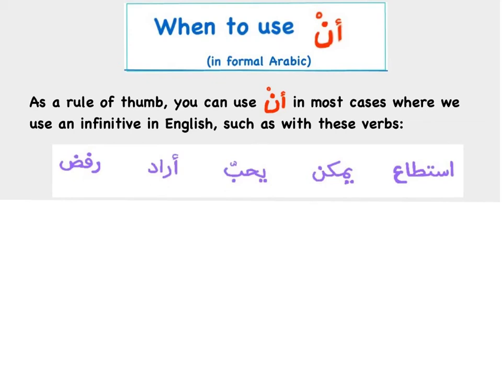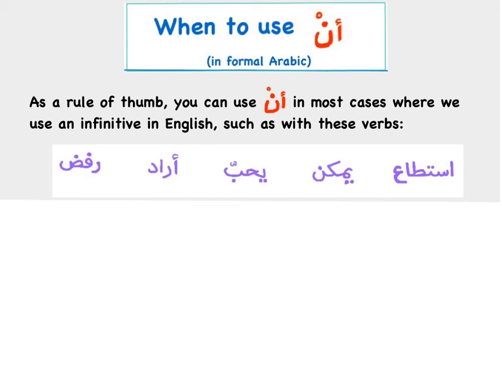The way we use it is like we put أن between these types of verbs and the verb that we're conjugating with أن. So استطاع أن يذهب, يمكن أن يرحل, يحب أن يستمع, أراد أن يسافر, رفض أن يلعب, etc.